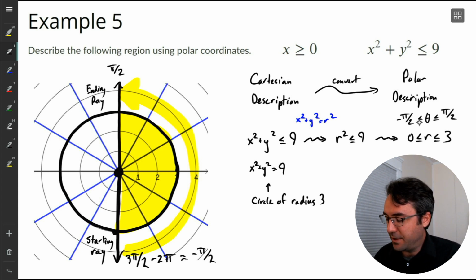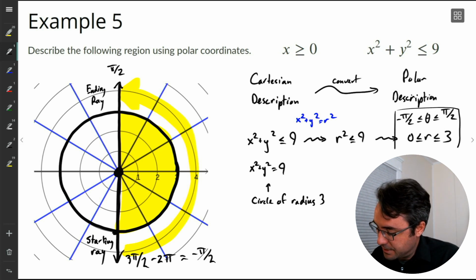So this is fairly standard. If we have to go negative, normally that's okay. So this would be a good representation, but another version would be 3 pi over 2 to 5 pi over 2. Also perfectly fine. All right, so there's our polar representation.